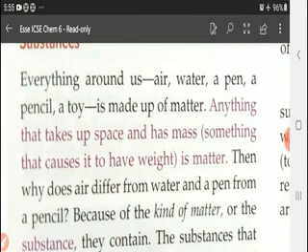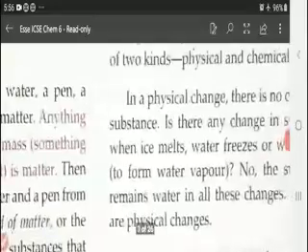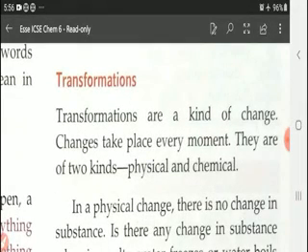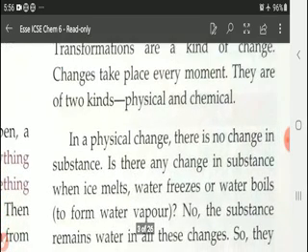The definition of matter is anything that takes up space and has mass is called matter. Then we have discussed transformation. In transformation there are two changes, physical and chemical. We have already discussed the physical and chemical changes. These are our today's topics.